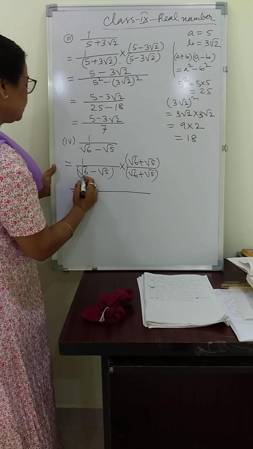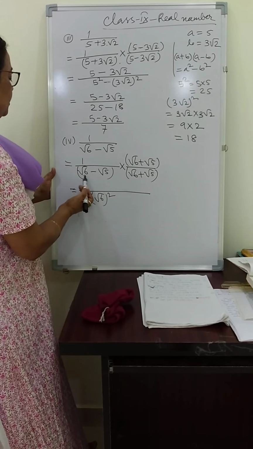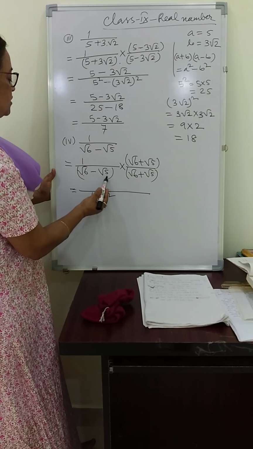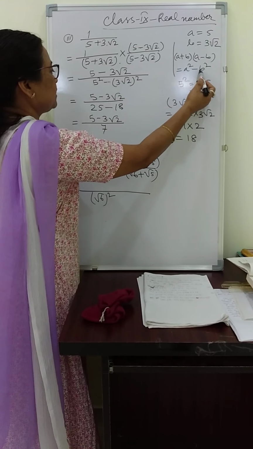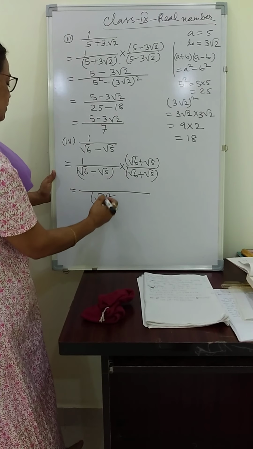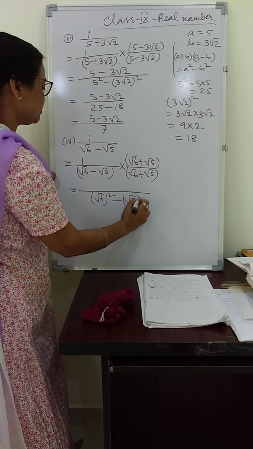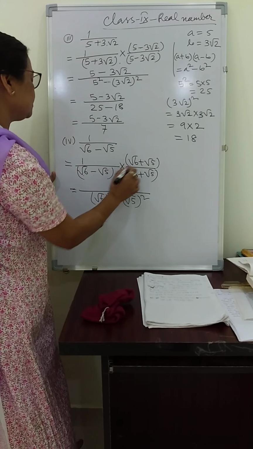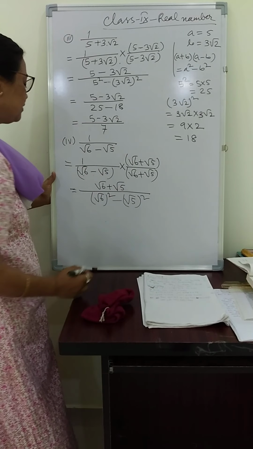Then what to do? Same formula. If you consider A minus B, A plus B, same formula, A square minus B square. So root over 6 whole square minus root over 5 whole square. Then 1 into 6 root over 6 plus 1 into 5 root over 5.